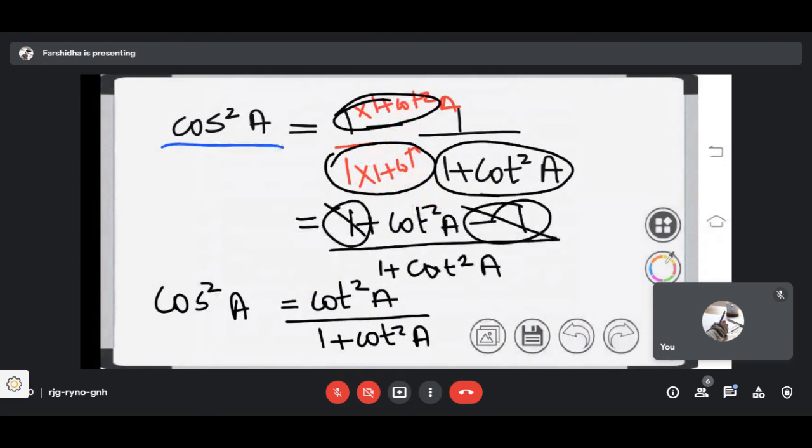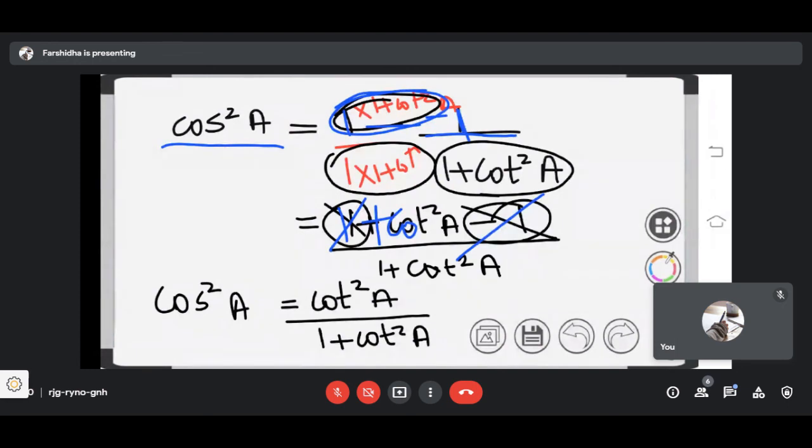So we got cos square A is equal to 1 minus 1 by 1 plus cot square A. I have taken the LCM here, multiplied both numerator and denominator by 1 plus cot square A. So here it is 1 into 1 plus cot square A, that is 1 plus cot square A, minus 1. 1 minus 1 got cancelled. What is remaining?